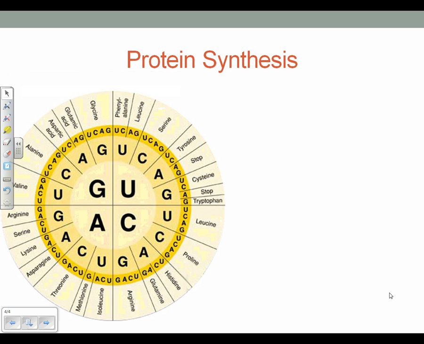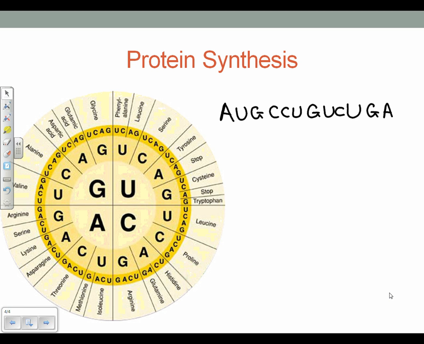So we do need to use our handy little wheel, and I will re-record our codons. We had A, U, G, C, C, U, G, U, C, and U, G, A.